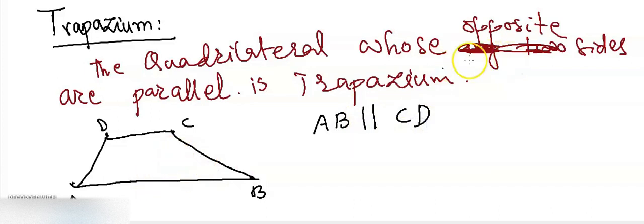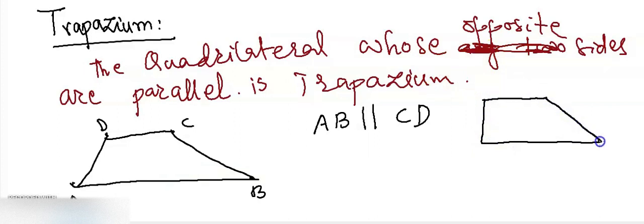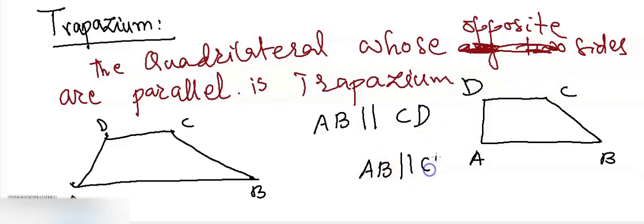You can have another example, where this is my A, this is my B, this is my C, this is my D. So these are typical examples. AB is clearly, in this case also, parallel to CD, for this one also, for this one also. So if opposite sides are parallel, then we term such quadrilaterals as trapeziums.